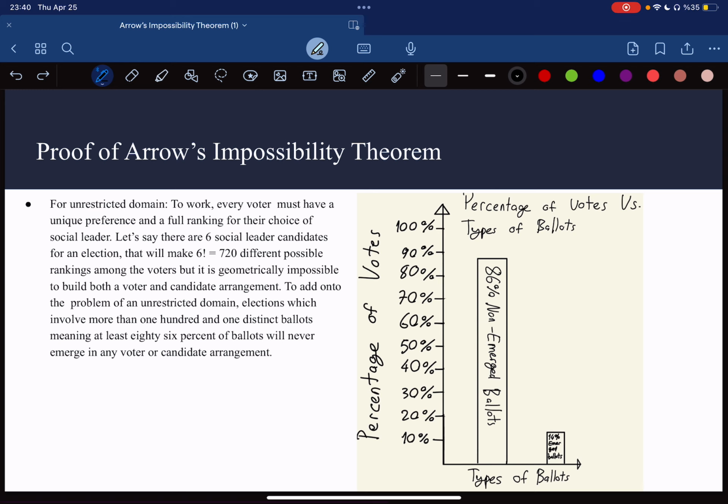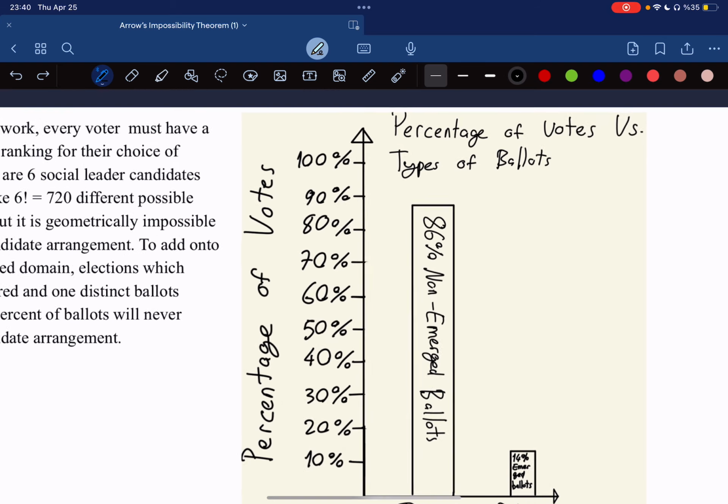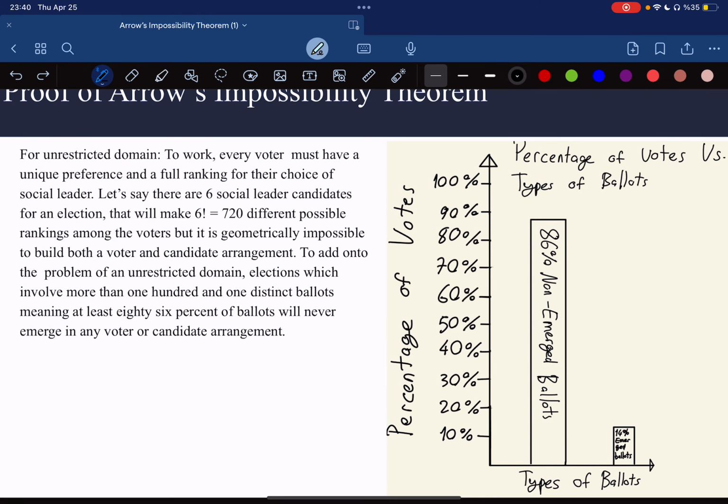For an unrestricted domain to work, every voter must have a unique preference and a full ranking for their choice of social leader. Let's say there are 6 social leaders and candidates for an election, which makes 6 factorial, equal to 720 different possible rankings amongst the voters. But it is geometrically impossible to build both a voter and candidate arrangement for an unrestricted domain in elections which involve more than 101 distinct ballots, meaning at least 86% of ballots, as shown here in the graph, will never emerge in any voter candidate arrangements.